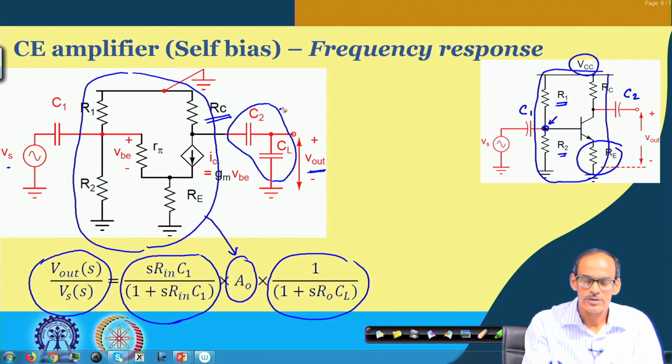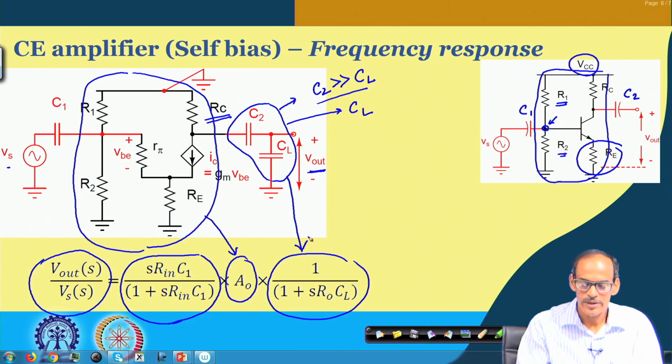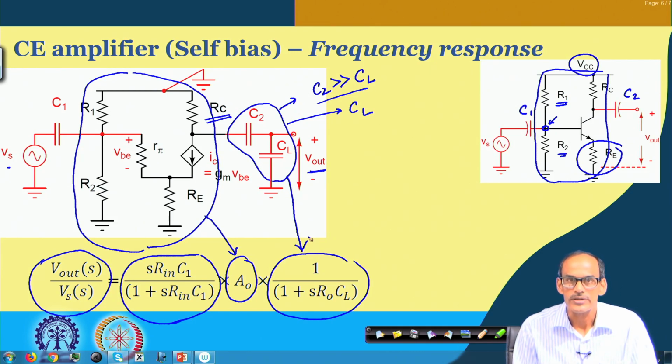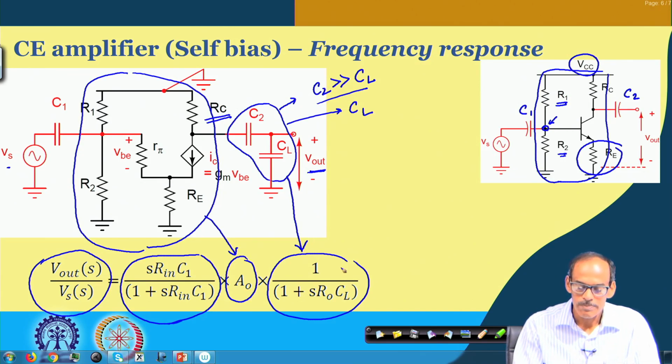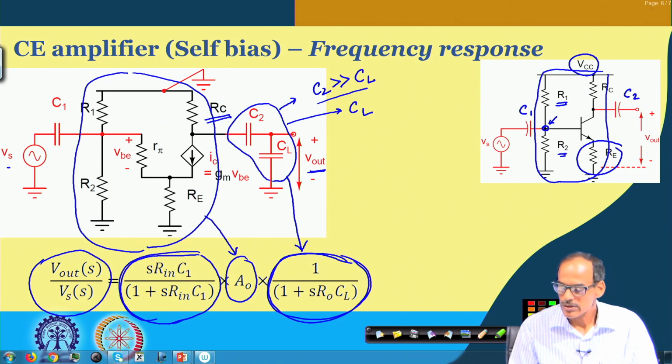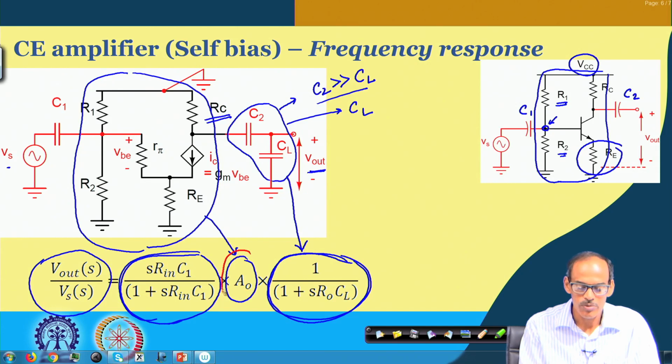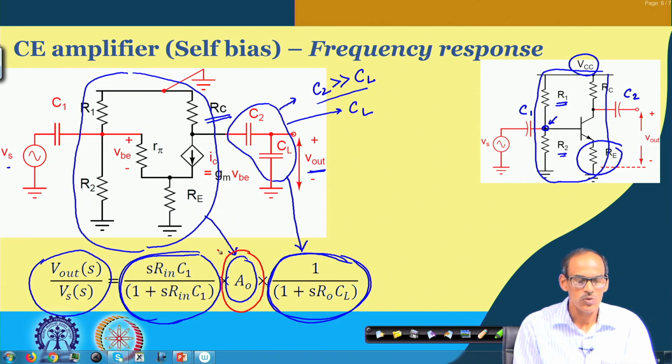Normally C2 is much higher than CL, so this series connection gives a net capacitance of CL. So the frequency response of this part is similar to the previous case, namely the CE amplifier with fixed bias. We need not repeat this part and this part; rather we will focus on the middle portion, or you may say the core portion.